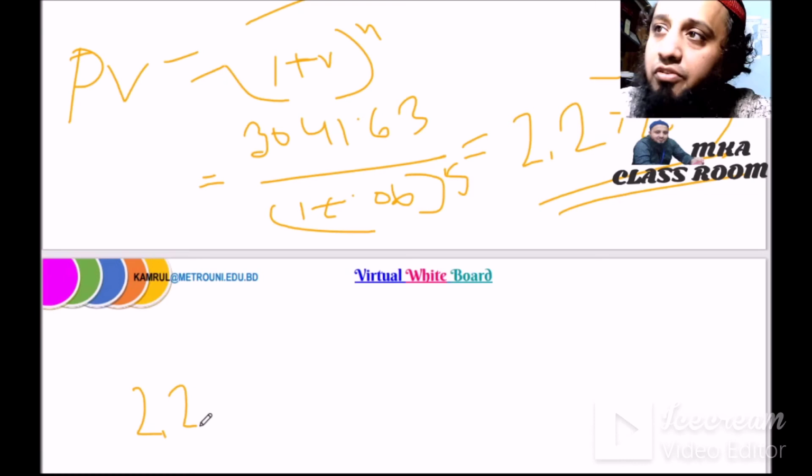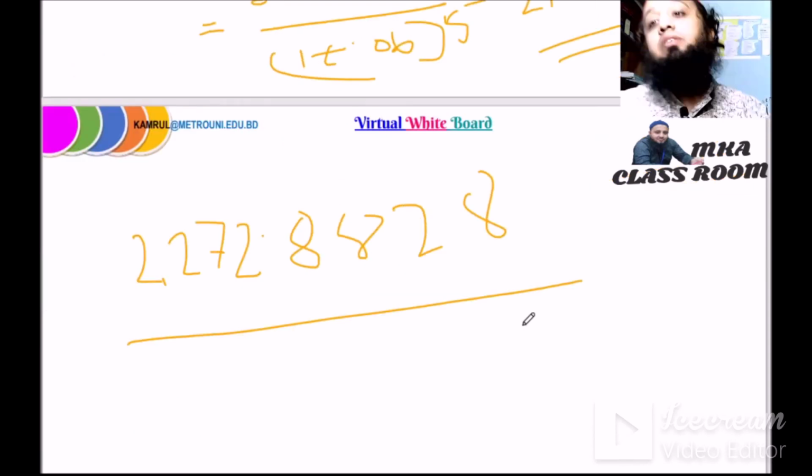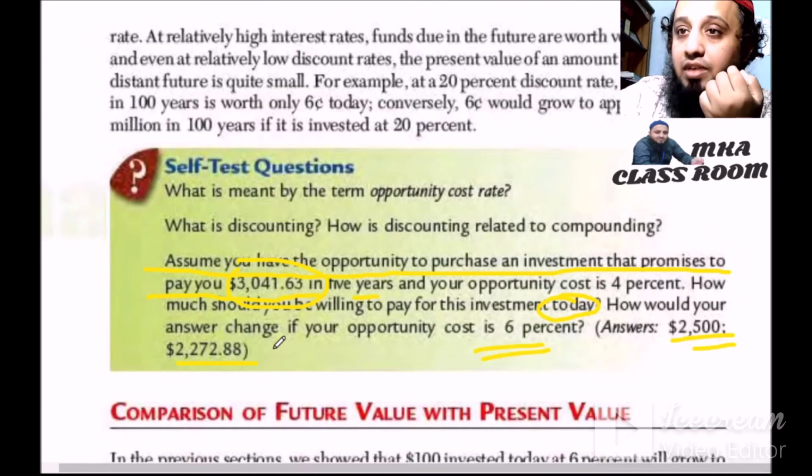So that should be the correct answer. It should be 88. So that is how much your answer changes. My answer changed to 2272.88.